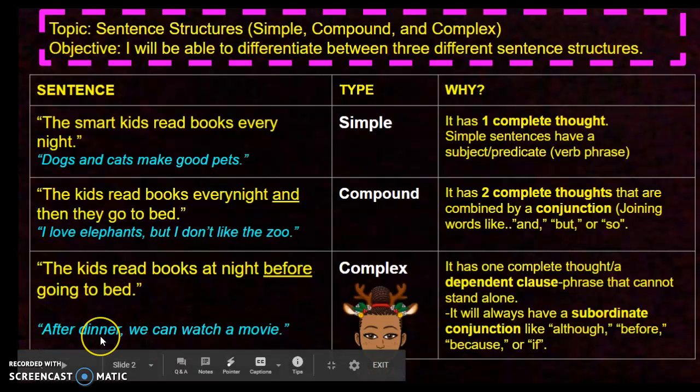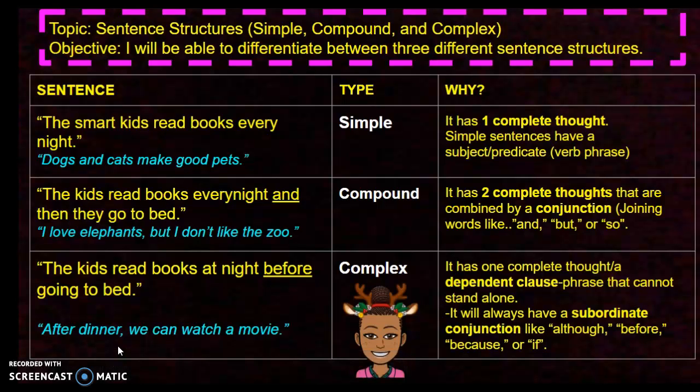Another one is, after dinner, we can watch a movie. Okay? So after dinner is dependent. If you just walk up to someone and you say after dinner, you're going to leave them wondering, right? That piece is leaning on something. It has to have something else with it to make sense.